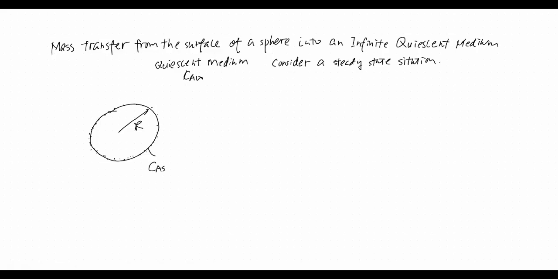For a steady state situation, let's first look at Fick's second law. It tells us ∂CA/∂t equals DAB times the Laplacian of CA. Now under steady state, it means time independent.